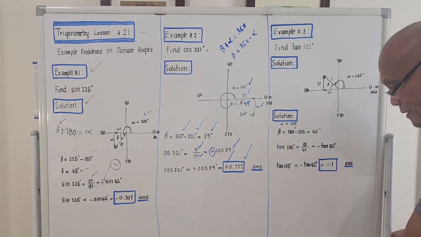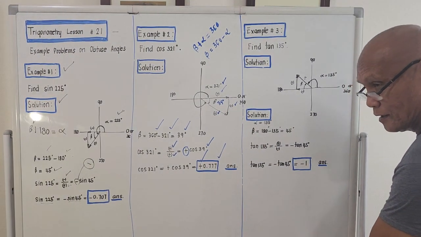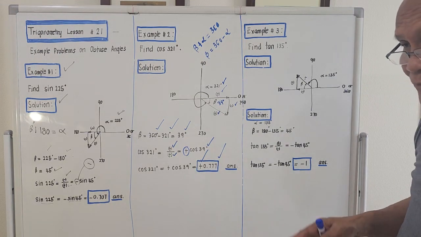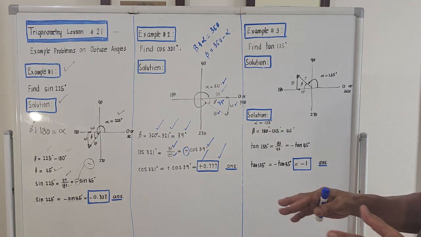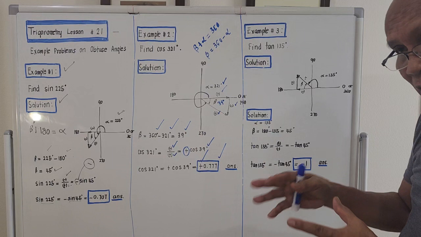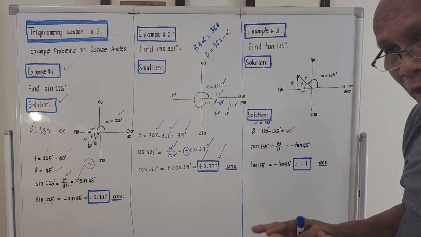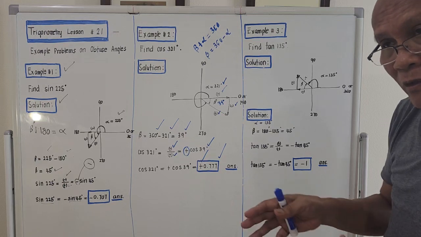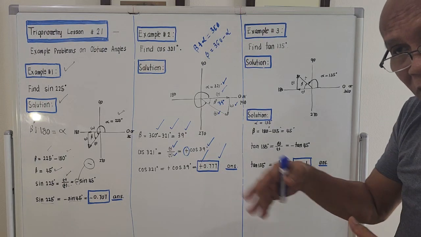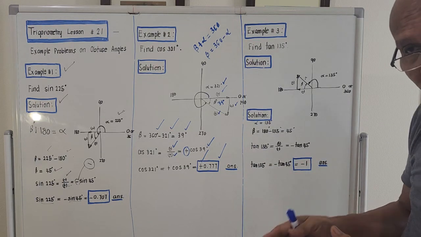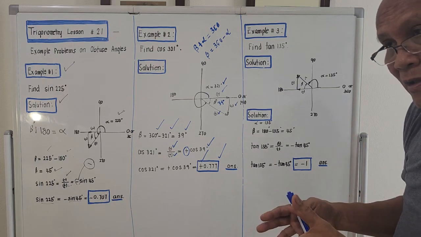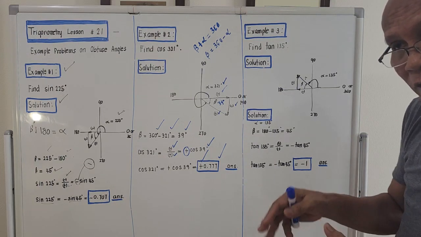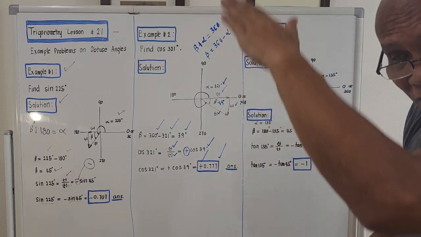Okay, example number 3. Just watch out, guys. There are some problems on the short videos that are coming out like this. They are giving obtuse angles, and you are asked to find the trigonometric function value. It depends on what they will be asking. It could be sine, cosine, tangent, cotangent, etc. But the proper way to get the proper sign is the one we discussed the last time around.